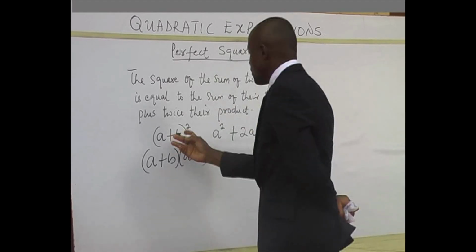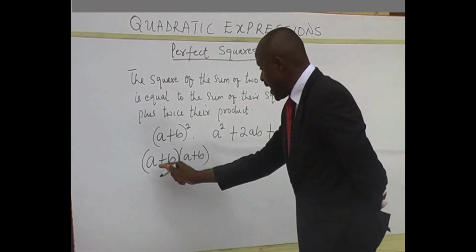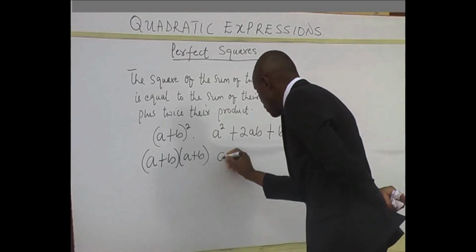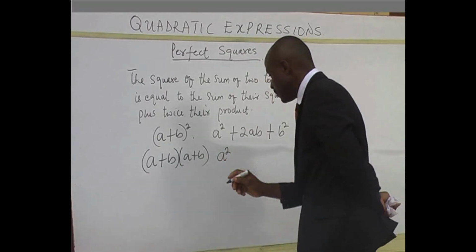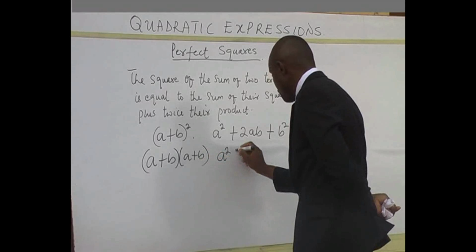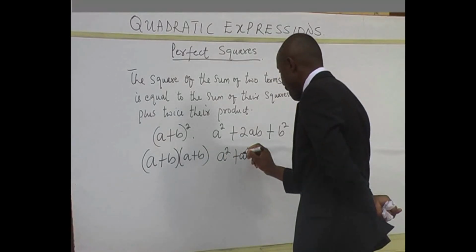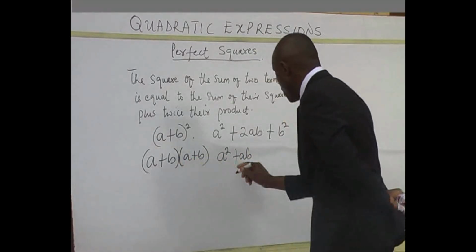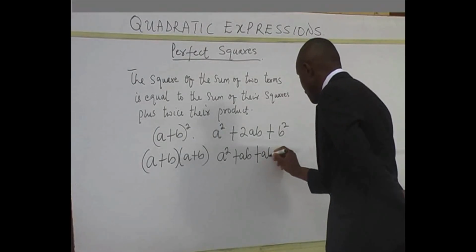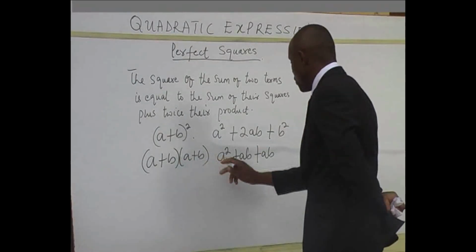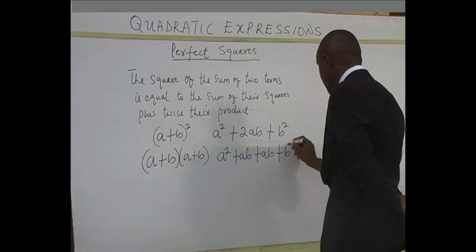A times a will give you a squared. A times b will give you plus ab. B times a will give you plus ab. And b times b will give you plus b squared.